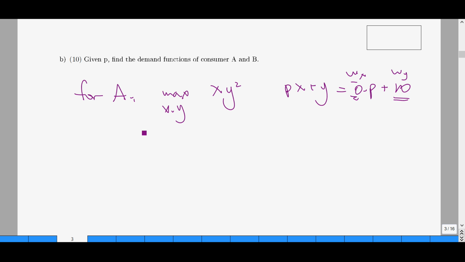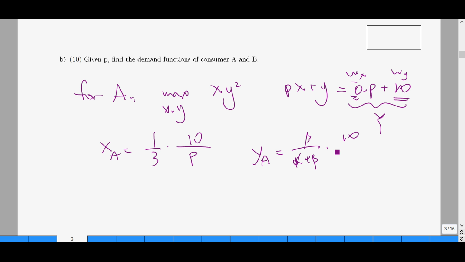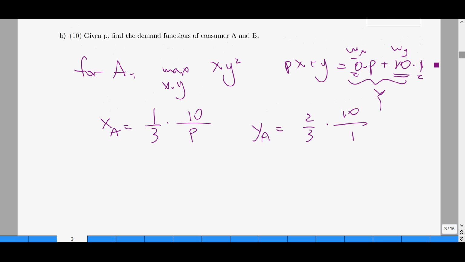Again, the shortcut is x_A is equal to alpha over alpha plus beta times income divided by the price. Here alpha is 1, beta is 2, so this is 1/3. The income is just this thing, so it's 10. This is x_A, and y_A is beta over alpha plus beta times income divided by the price of 1 for the second good. So this is 2/3. That's how we get the demand of the first person. That's all you need to write.